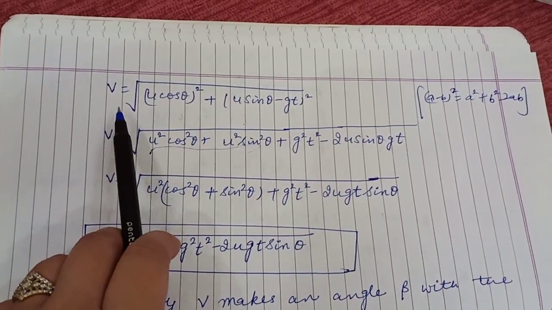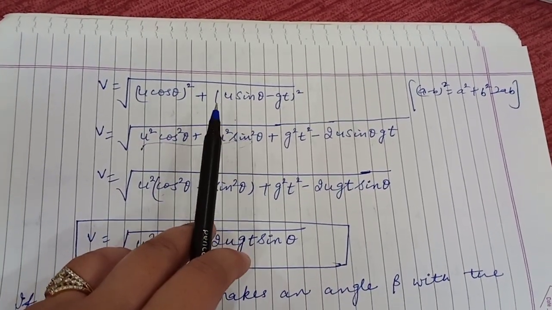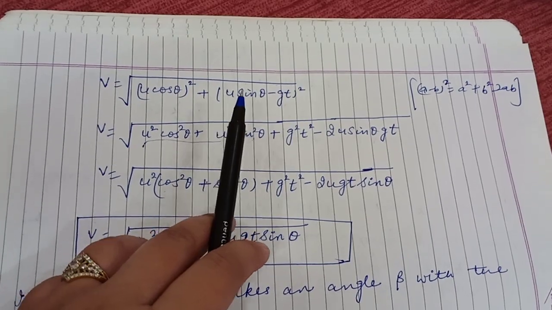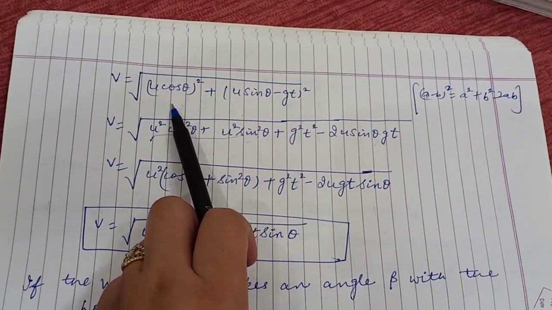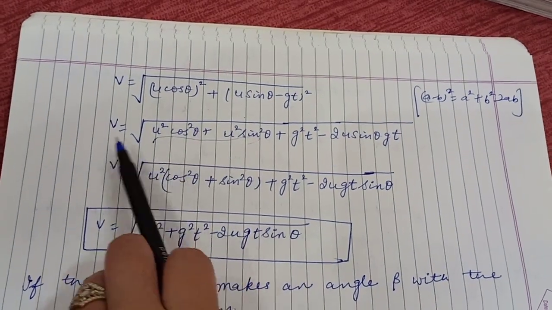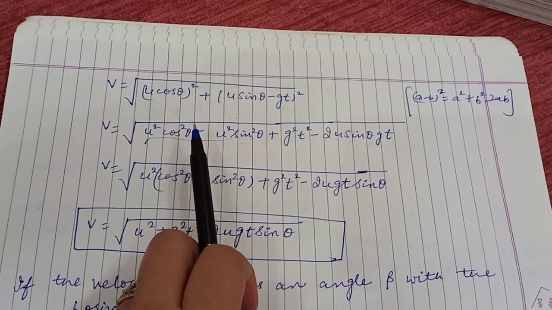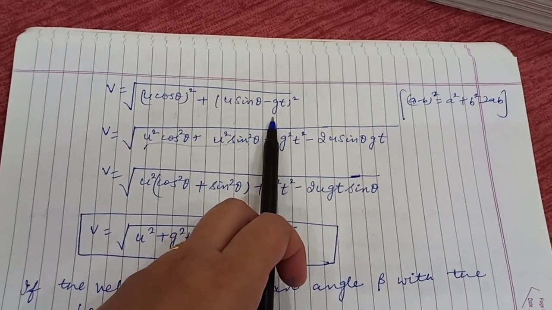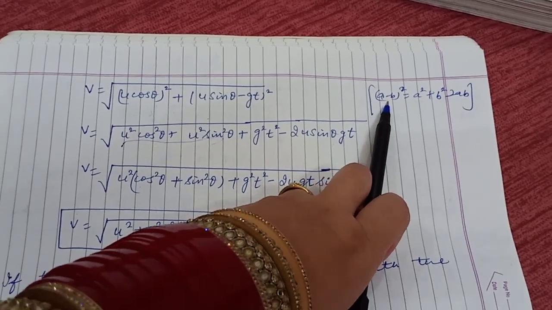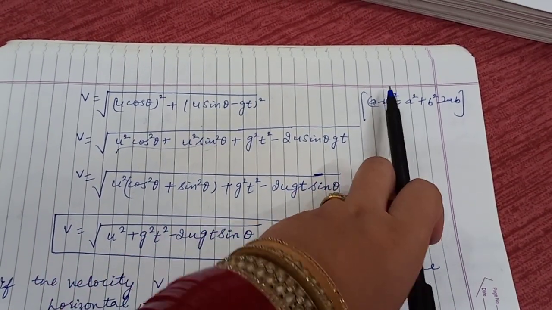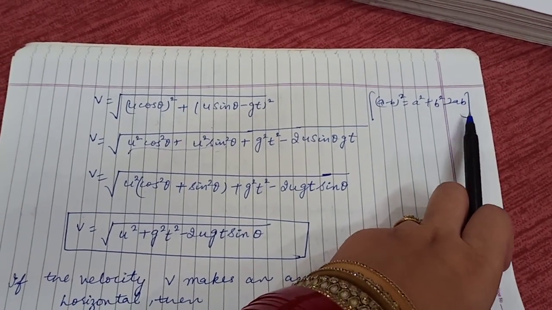So we get V is equal to square root of (u cos theta) whole square plus (u sin theta minus gt) whole square. So when we open this square, V is equal to square root of u square cos square theta plus, this term can be expanded by using the formula (a minus b) whole square is equal to a square plus b square minus 2ab.